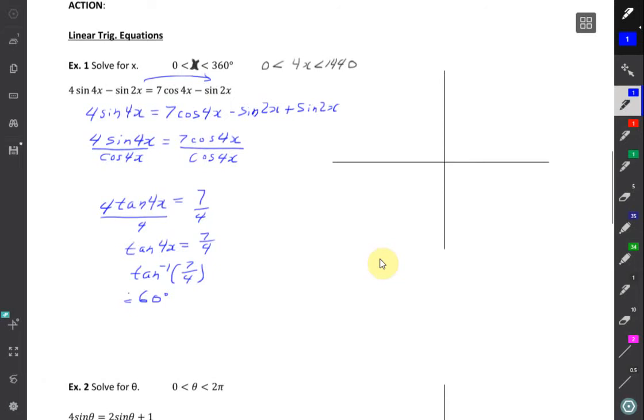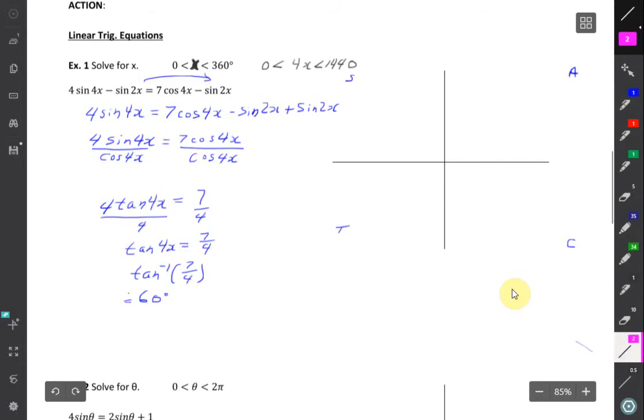Now we're looking at the tan ratio, which is positive in this quadrant and this quadrant. If I write my CAST rule to confirm that, that means I need a line in both of these 2 quadrants, so in the tan quadrant and the all quadrant.